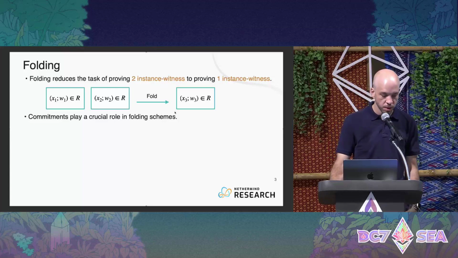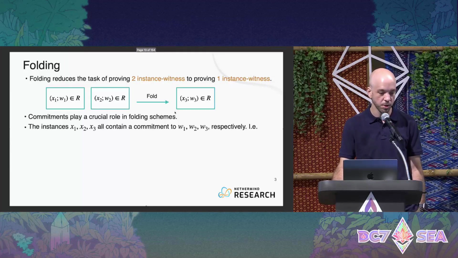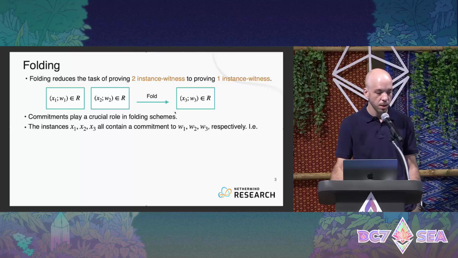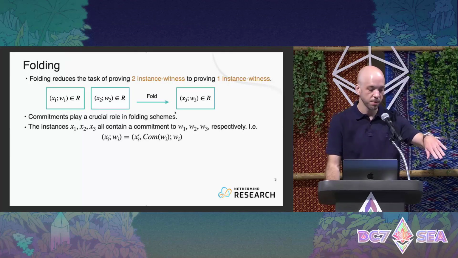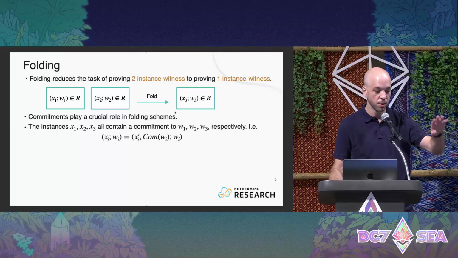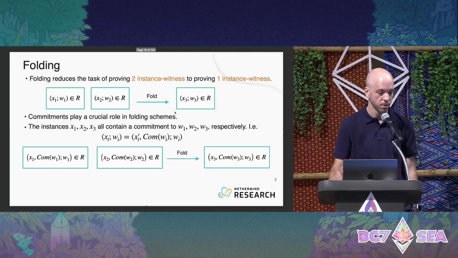Okay, so commitments play a crucial role in this type of scheme, at least in the modern ones. In practice, all instances include a commitment to the witnesses. So the instance-witness pairs look like this: the instance is a true instance, x', and then it also includes a commitment to the witness. So a folding scheme looks like this.